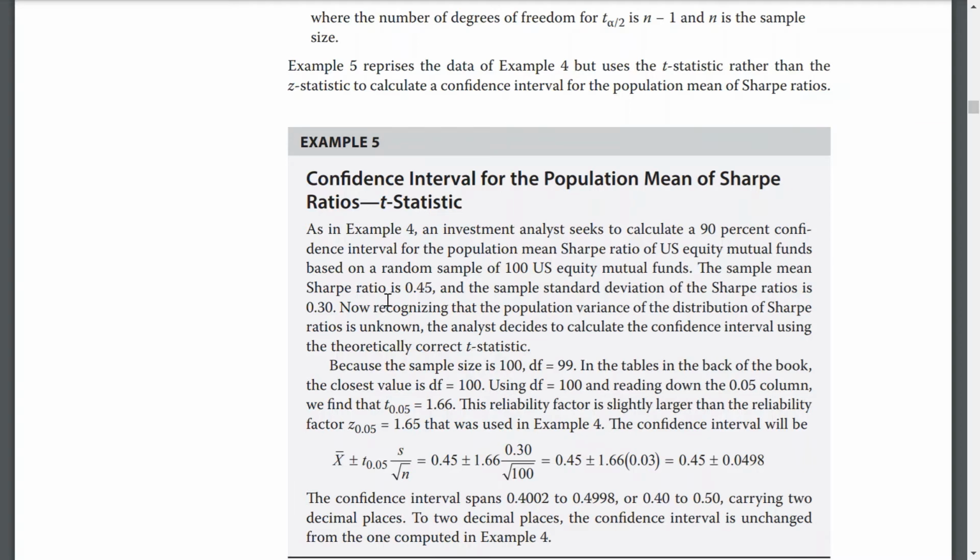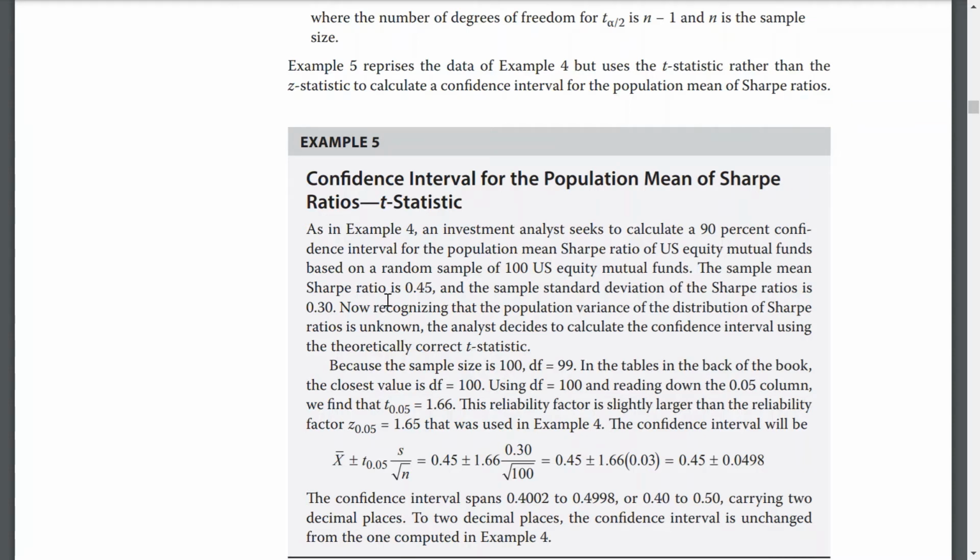Now, recognizing that the population variance of the distribution of the Sharpe ratio is unknown, the analyst decides to calculate the confidence interval using the theoretically correct t statistic. Because the sample size is 100, df equals 99.